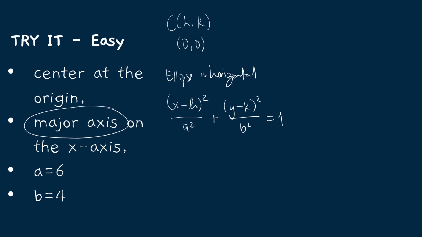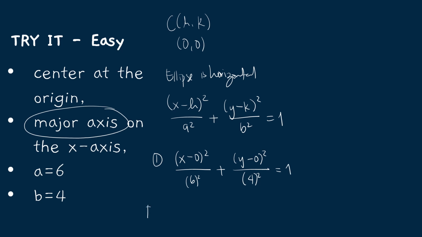So if h is equal to 0 and k is equal to 0, our solution would be (x minus 0) squared over a squared, where a is equal to 6, so 6 squared, plus (y minus 0) squared over 4 squared is equal to 1. Then let us simplify.